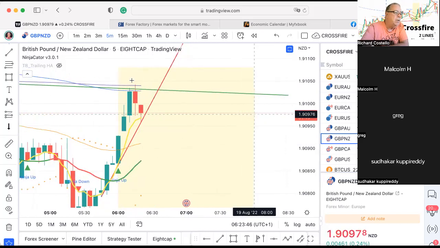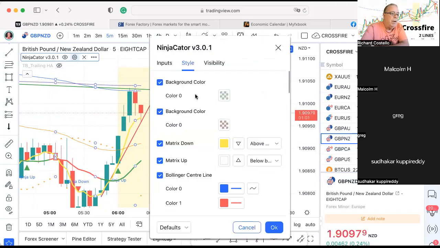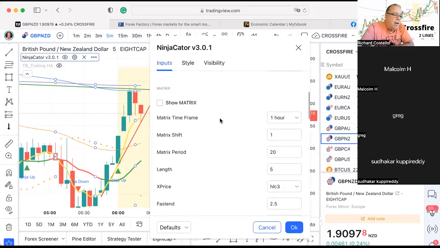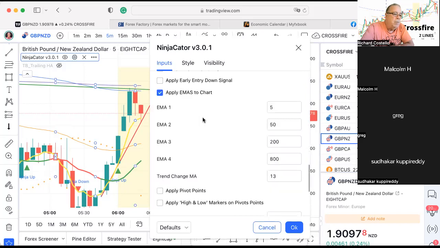So we've got time to just have a quick look at a really important thing. Right, okay. So if I go to inputs on the Ninjacator and I scroll down and get the Ninjacator settings, you see we've got EMAs, and there's actually 5 you can put 5 moving averages on. I've got the EMA 1 as the 5 moving average.